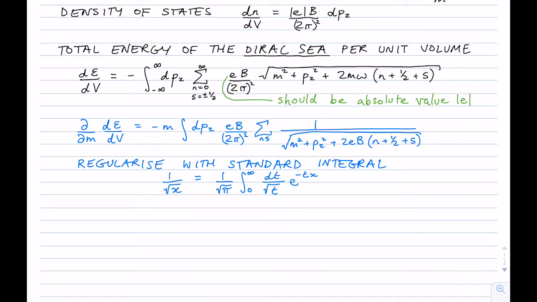That's a standard integral that we can use here with x equal to what's in the surd in the denominator.